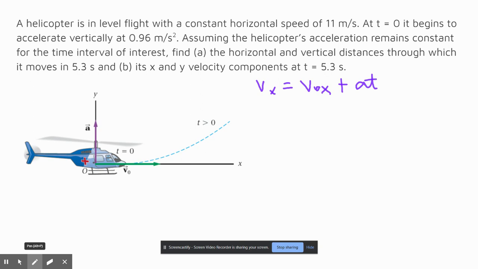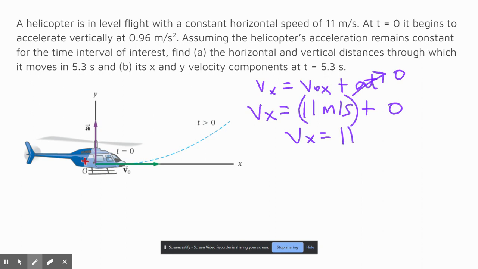It's 11 meters per second, plus this goes away because we had no acceleration in the x direction. This means this is going to be easy to solve for Vx. The velocity in the x direction is just equal to 11 meters per second, and that makes sense because it's a constant speed. Okay, so go ahead and try the velocity in the y direction and then press play.